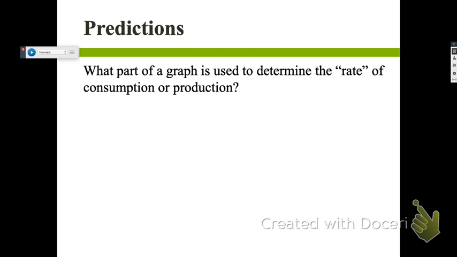Okay, so Manu, how would you answer this question? What did you guys? Okay, so if we look at the slope of the concentration versus time graph, we know that that is the rate. Does that change over the course of a reaction?